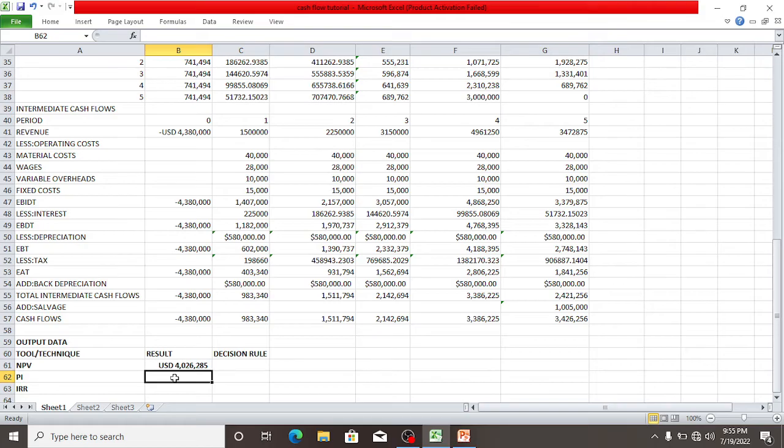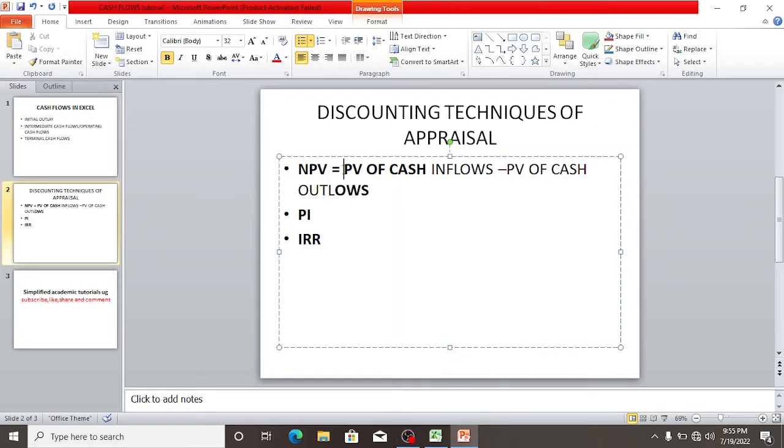Now let me go to profitability index. But before that, let's first get the decision rule for NPV. According to this formula, NPV equals present value of cash inflows minus present value of cash outflows.